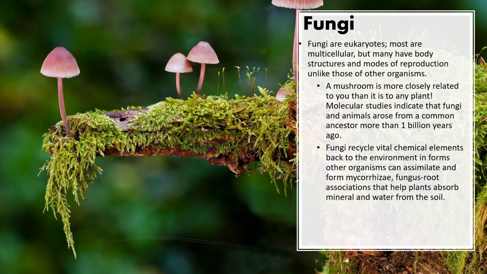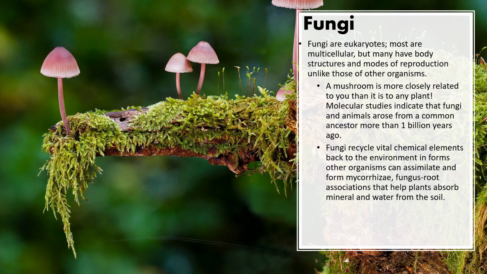Fungi are extremely important in the environment because they help recycle vital chemicals back to the environment in forms that other organisms can use. They are decomposers, which allows dead material to get incorporated back into the environment.